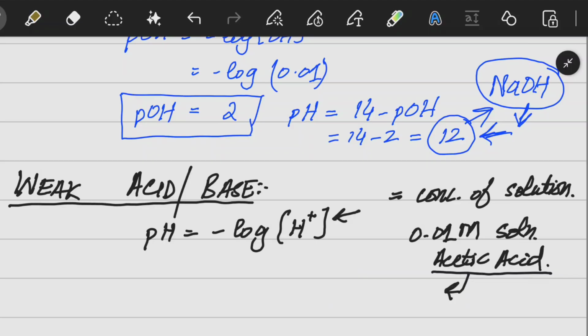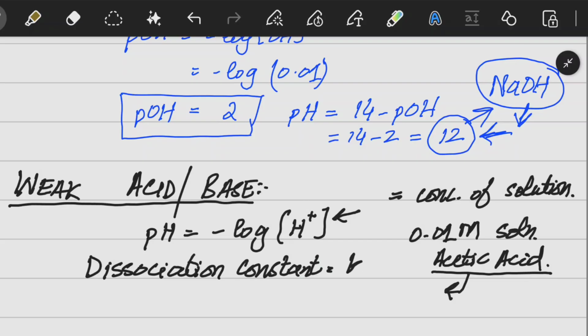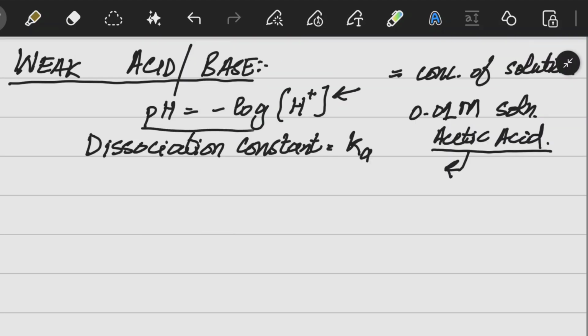So that means there is another factor now being added, which is called the dissociation constant, which is represented by Ka. The formula of pH will not change, because pH is the negative log of hydrogen ions.